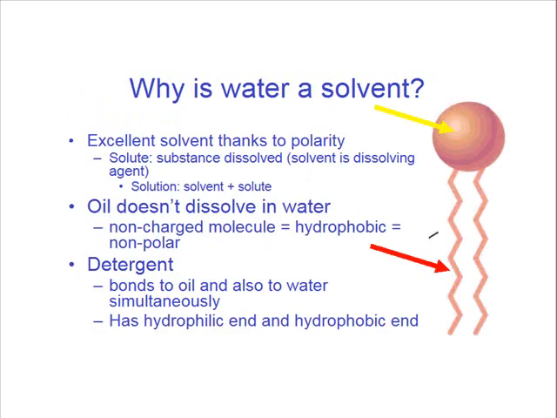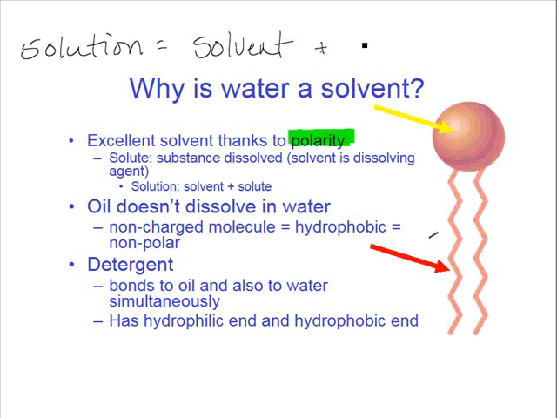So water, we said, is also a solvent because of that polarity, those partial positive and partial negative charges it has. Just to let you know a little terminology here, a solution is made up of a solvent, like water, some liquid, plus a solute, the substance that becomes dissolved in the solvent.